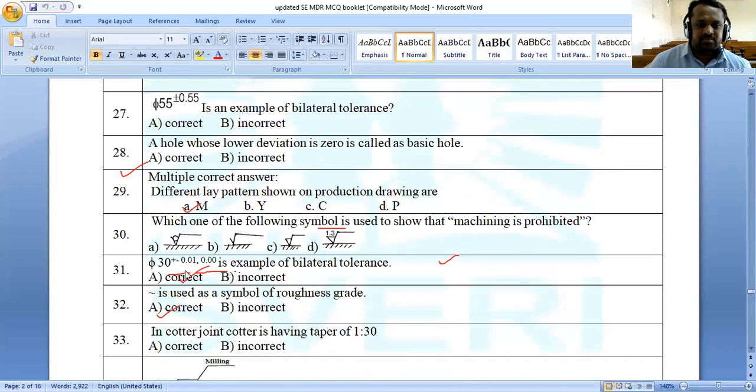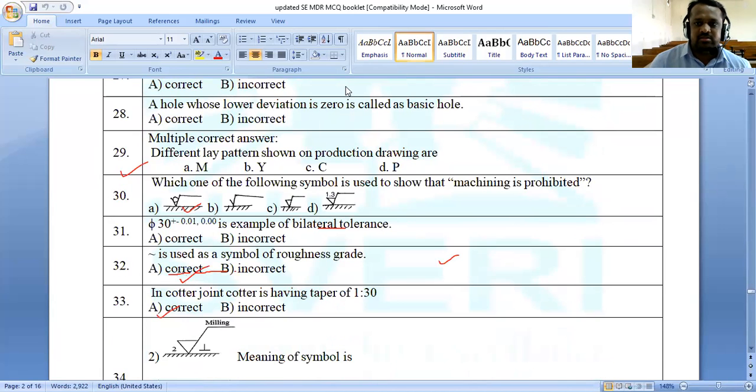Then 31, please tell me. 31 number question. Like this they have given 30 plus 0.01 and minus, or what they have given here?